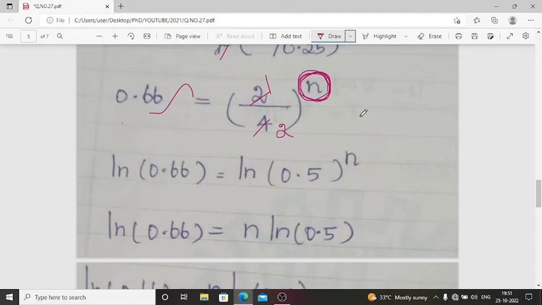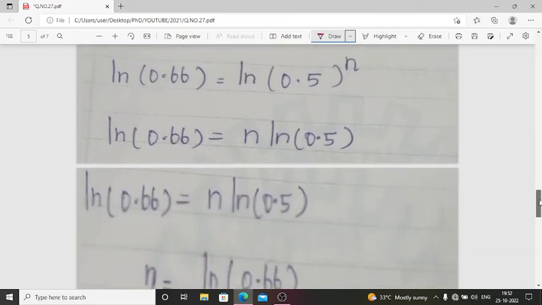Here apply the formula ln of a power x equals x ln a. So on the RHS we have ln of 0.5 power n, which becomes n ln of 0.5.